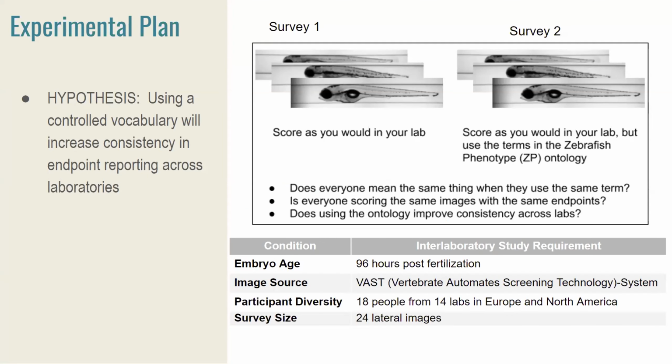Our hypothesis was that using the controlled vocabulary, which is the ontology, will increase consistency in endpoint reporting across laboratories. In survey 1, we showed them pictures and asked people to score them as they would in their lab. In survey 2, we asked them to score them as they would in their lab, but use terms provided from the zebrafish phenotype ontology.